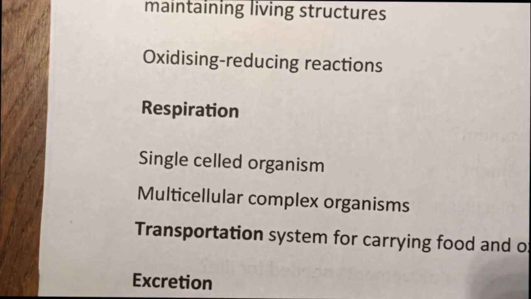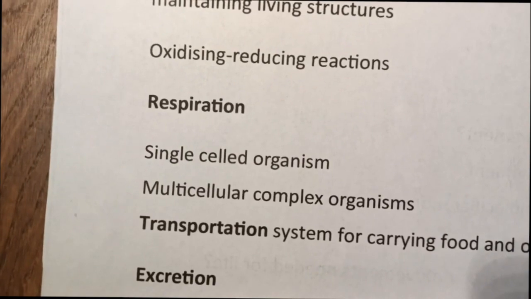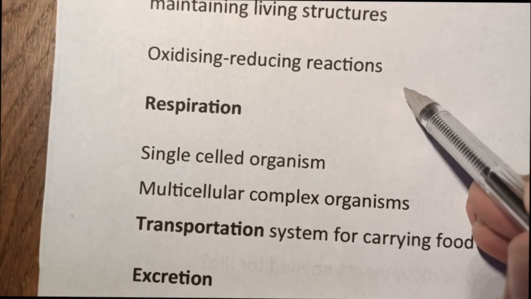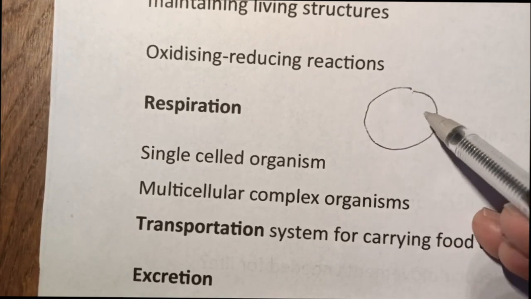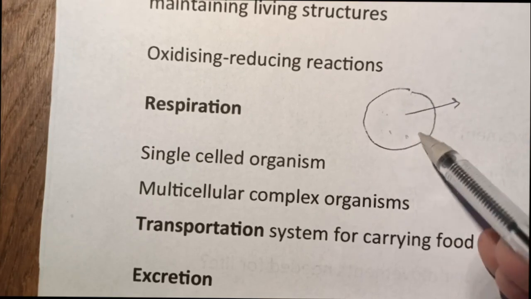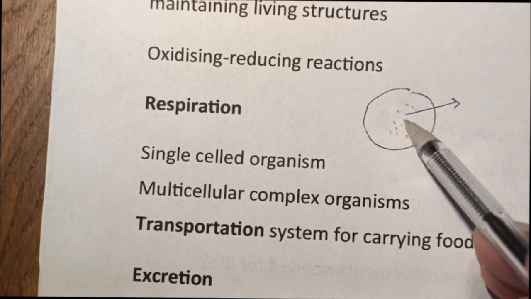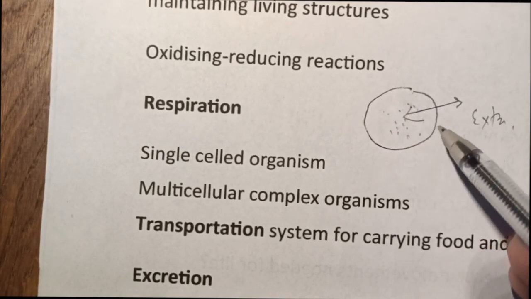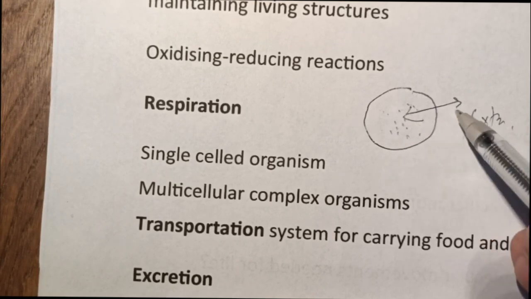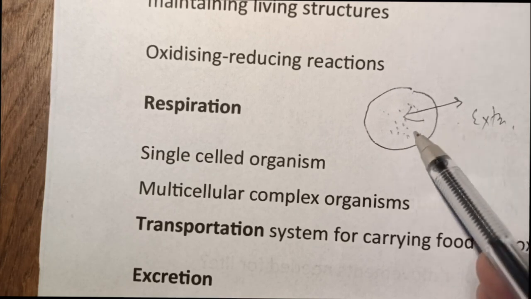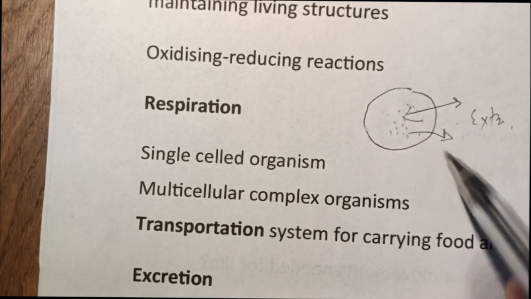Now, in case of a single cellular organism, this all takes place by direct diffusion between the intracellular environment and extracellular environment. So there is a direct diffusion. Oxygen and carbon dioxide, they cross directly. The food products, they cross directly, and the waste products are excreted out directly.